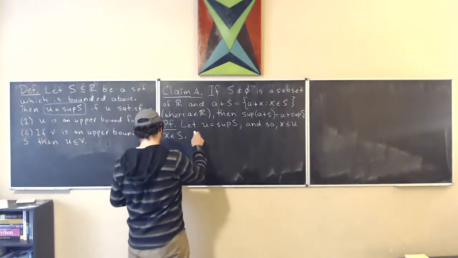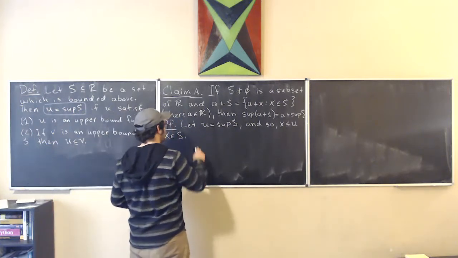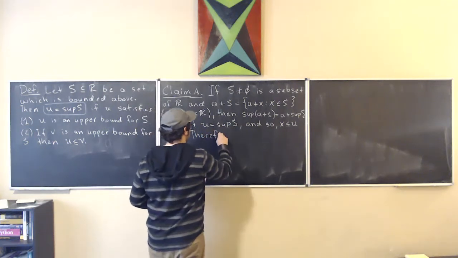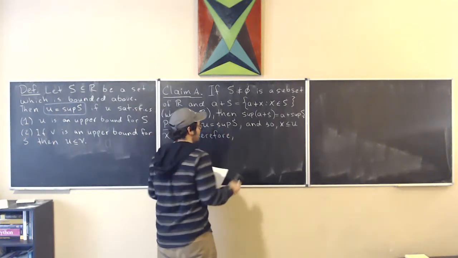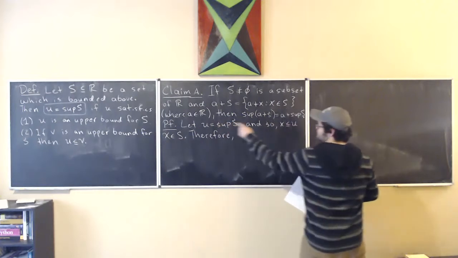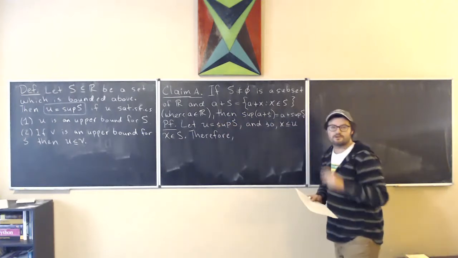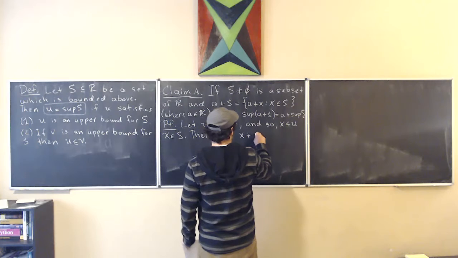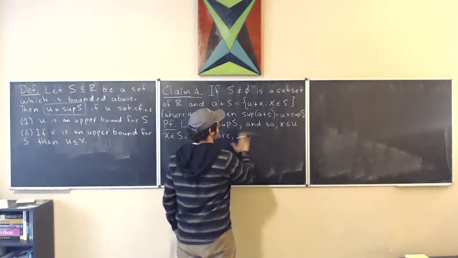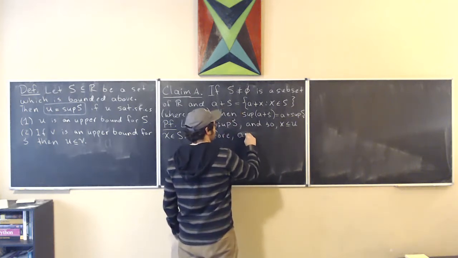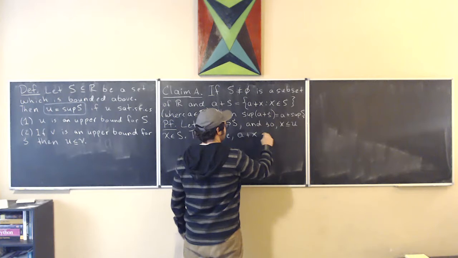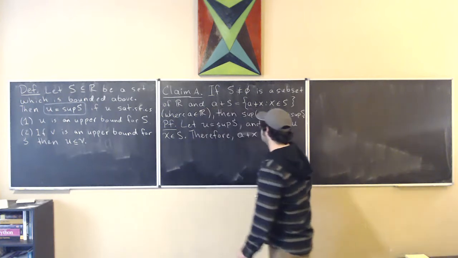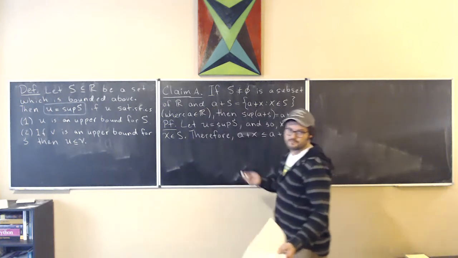Therefore, if we add that real number a to both sides of this inequality, we get a plus x is at most a plus U for all x in the set S.